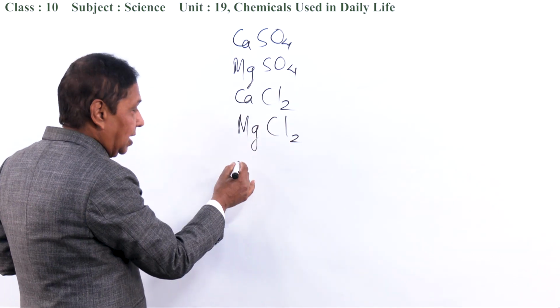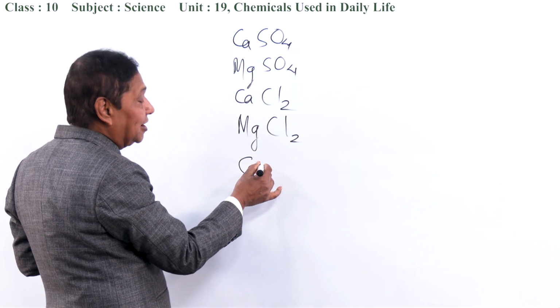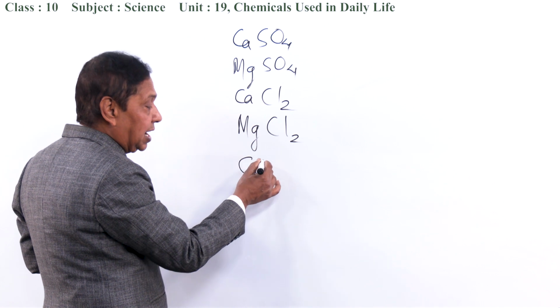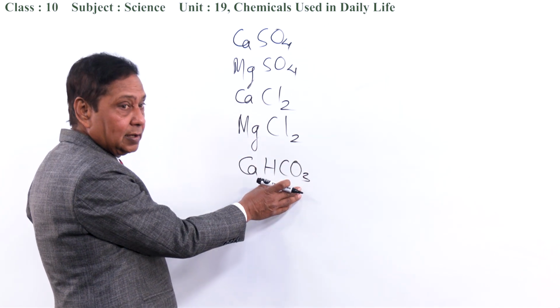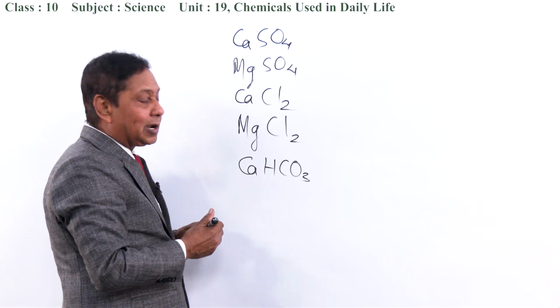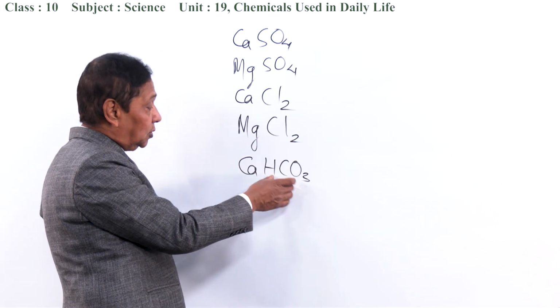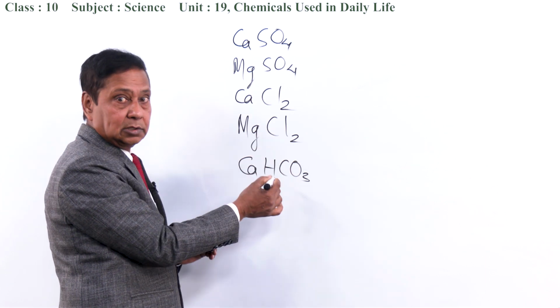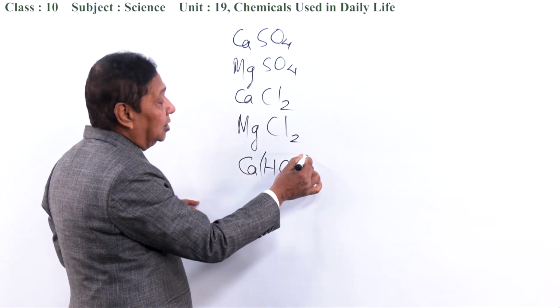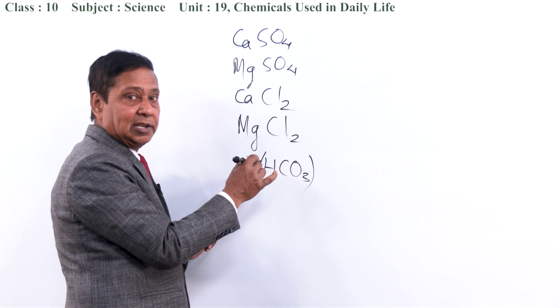In the same way, I want to write another also, calcium bicarbonate. Calcium Ca, and bicarbonate, HCO3, is a radical. Calcium valency 2, bicarbonate valency 1. We don't have to transfer 1 to calcium. Calcium valency 2 should be transferred to this radical, but if we transfer valency to a radical, we have to put that radical in brackets.